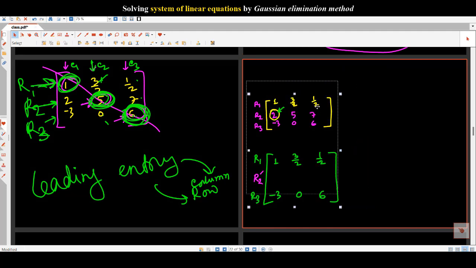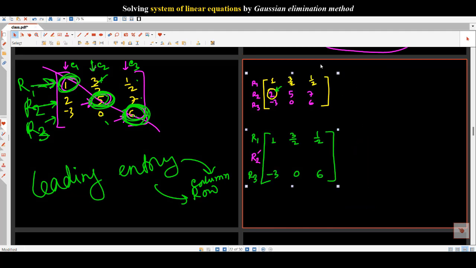Here R2 prime can be found. Let me do some side note here. Let's say this is the extra work that you have to do.